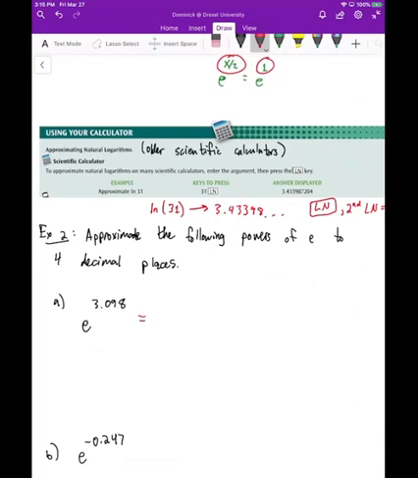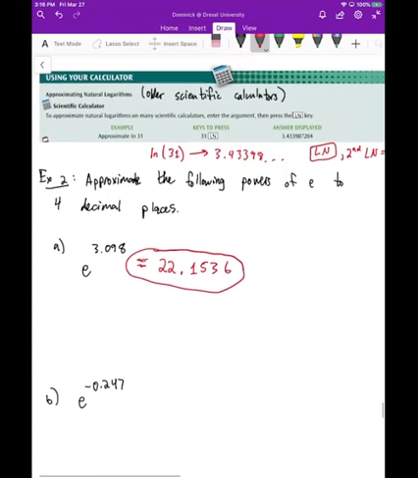So I have e to the 3.098, and if I type that in, I'm going to get 22.1536 roughly. And again, this is rounded to 4 decimal places.